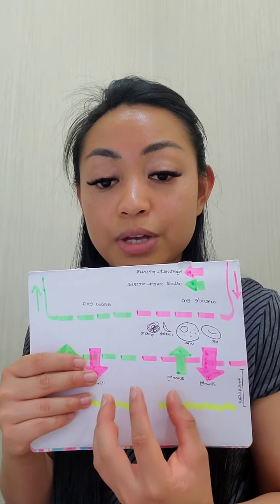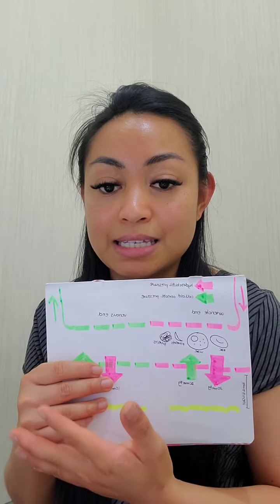Those fluids get collected by the lymphatic system and returned back into the circulation. The second function of the lymphatic system is to help deliver big molecules into the circulation, for example, lipids and hormones. The third function of the lymphatic system, which is very important, is immune surveillance.